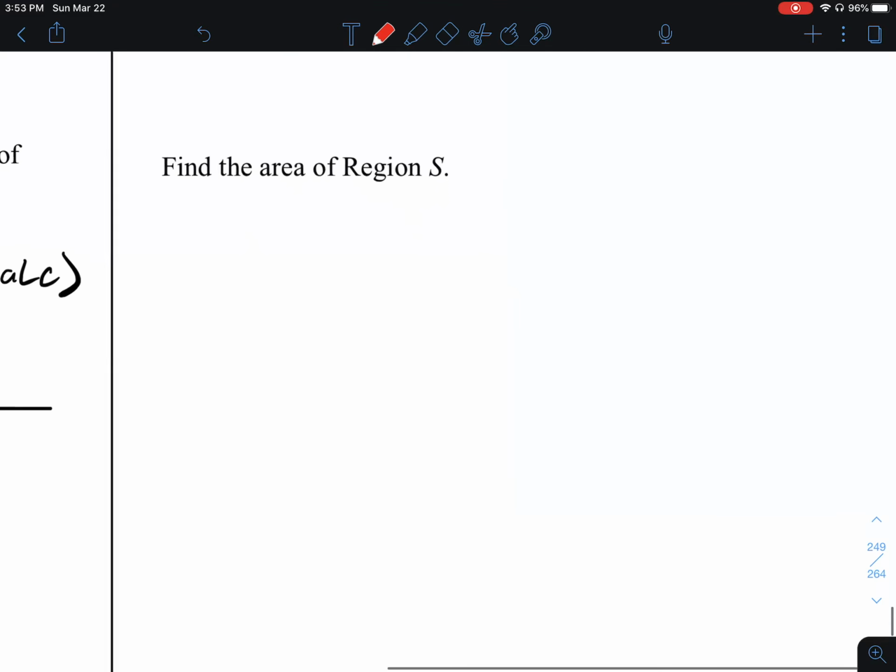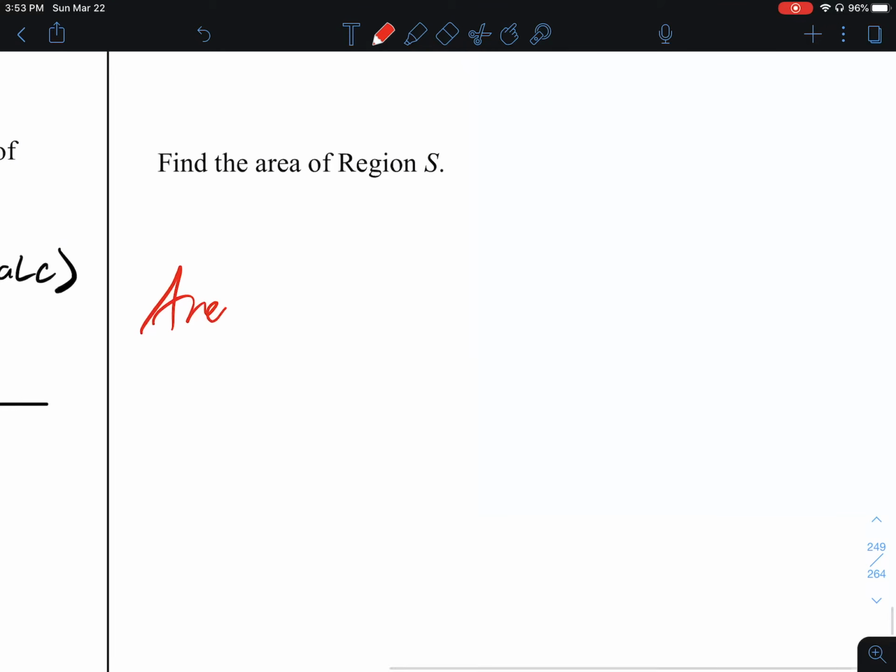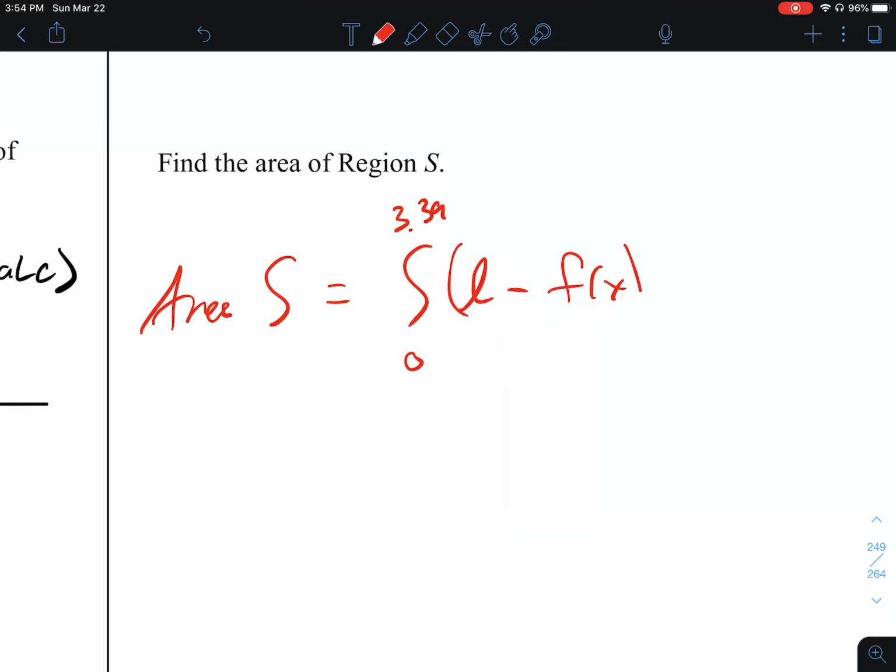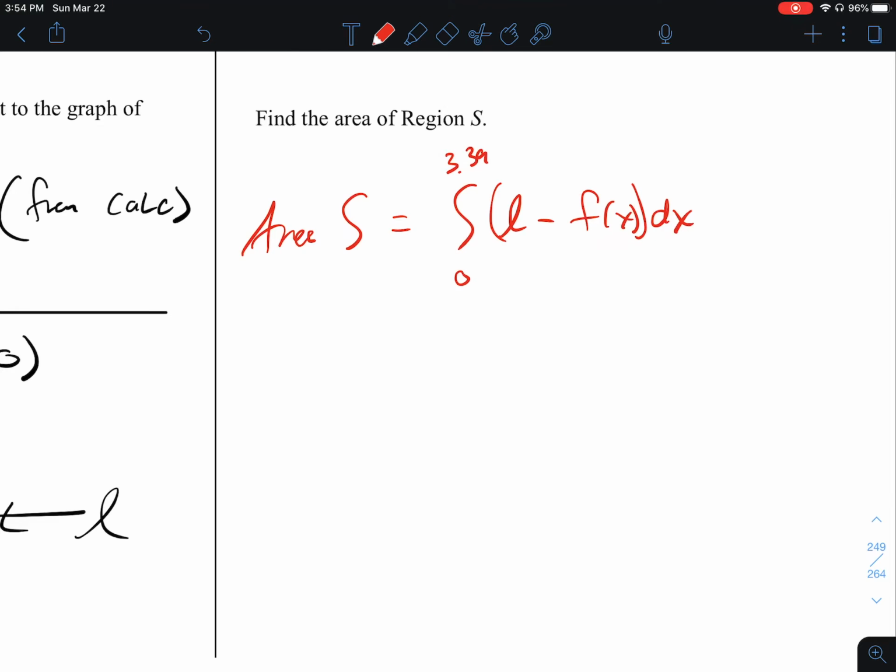So when we write this, we can simply do this. Area of S is going to equal the integral from 0 to 3.39 of L minus f of x with respect to x. Now, how would I do this in my calculator?